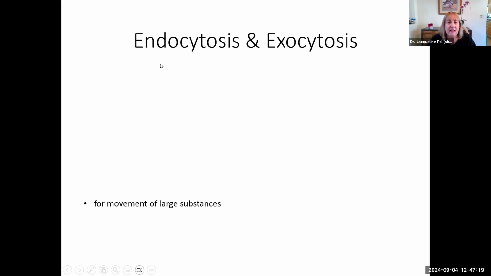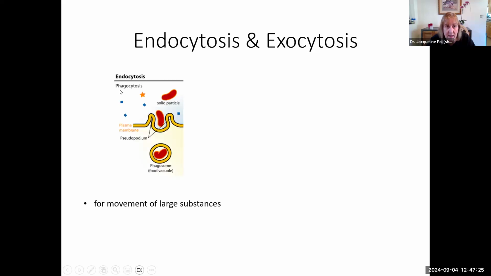So if the cell is going to have endocytosis of something that is solid, we are going to use the word phagocytosis because the prefix phago means to eat. So phagocytosis is one of the two types of endocytosis.